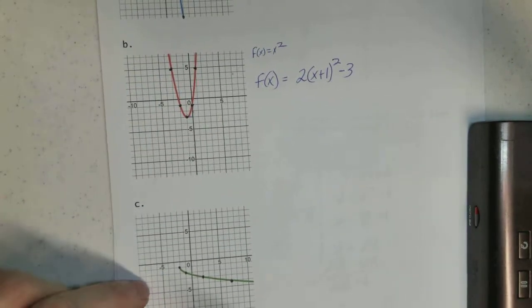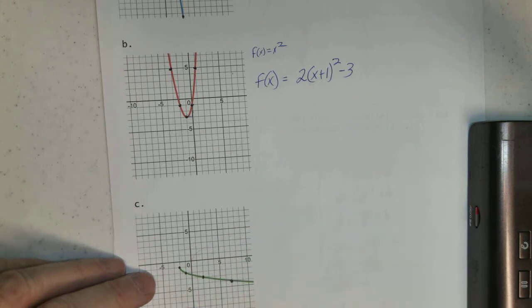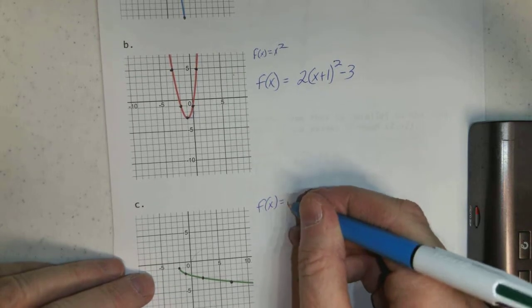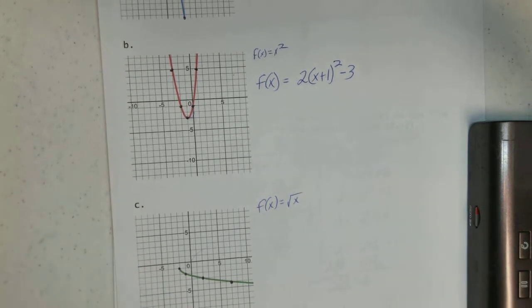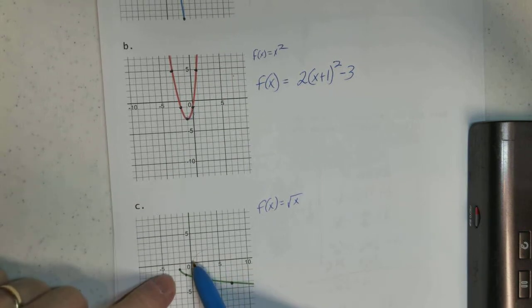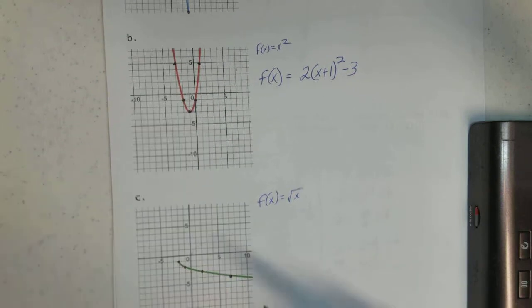Alright, so what's this one doing? Well, this is the square root function, isn't it? I got f of x equals square root of x, and looks like we're flipping it over the x-axis.